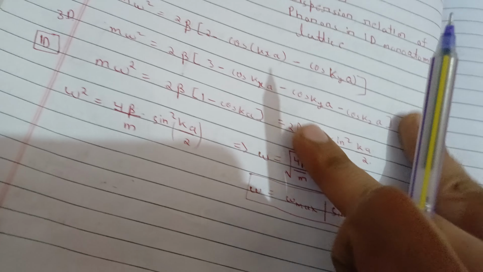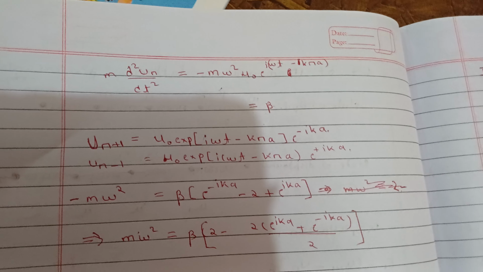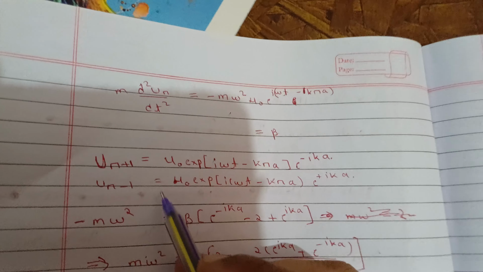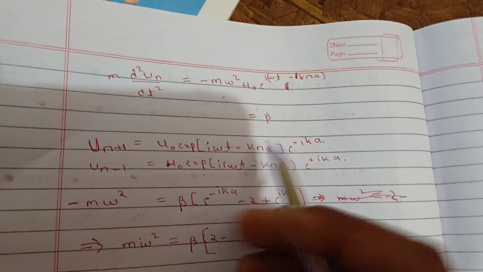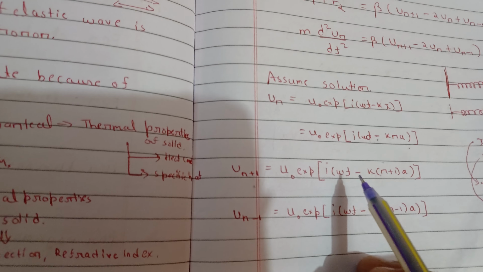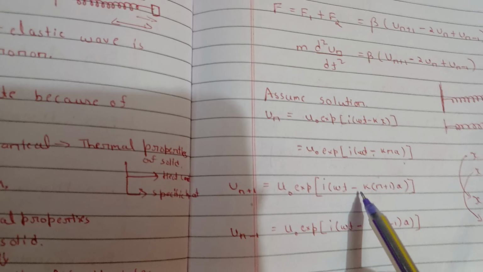So we find this m d square u n by d t square. Now for u n plus 1, we can write this equation as exponential i omega t minus, we will multiply inside k and a, and minus k a.